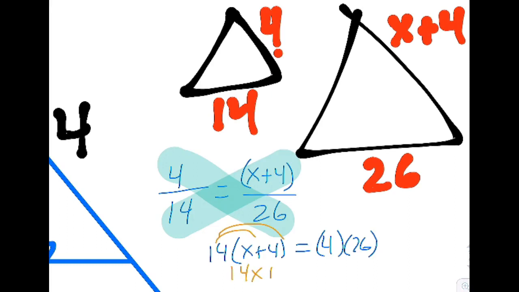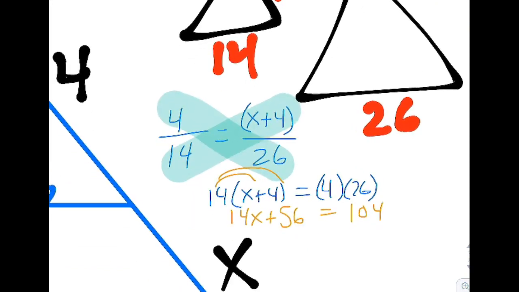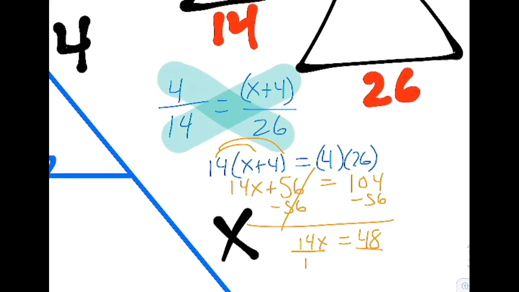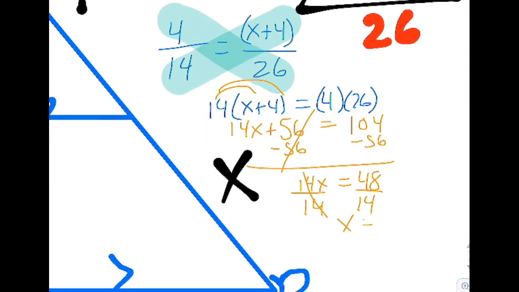So we have 14x plus whatever 14 times 4 is, and that's 56, equals 4 times 26, which is 104. We're going to subtract 56 from both sides. And we have 14x equals 48. Divide both sides by 14, and you have 3.4. If I round to the nearest tenth, it does go on beyond that, but we'll say nearest tenth.